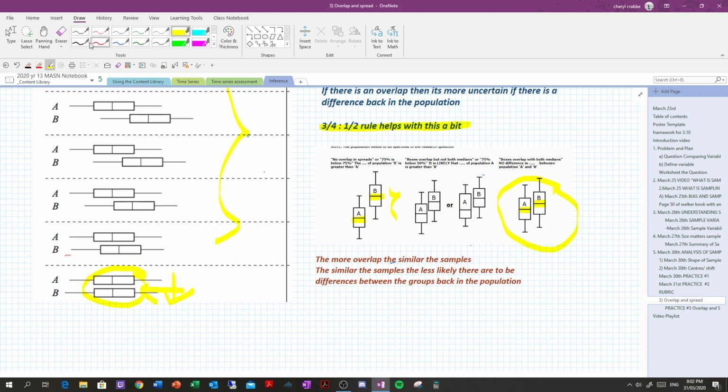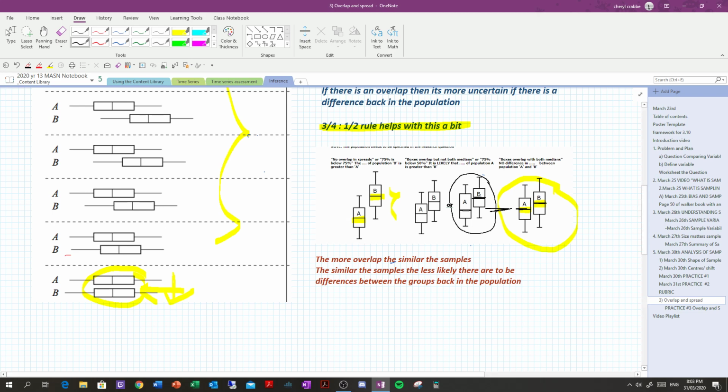Sample variability means that we take a sample and we may get this story, but if we take another sample, maybe we get this story. Because of sample variability, this is not the best way to determine what's going on back in the population. That's why we move to the next phase, which is the confidence interval, where we get to be a little bit more sophisticated about how we make the call.